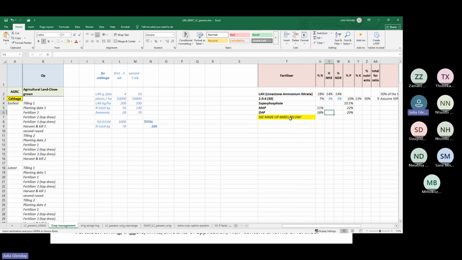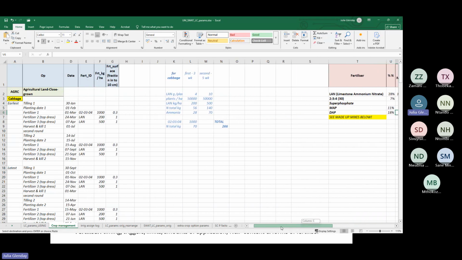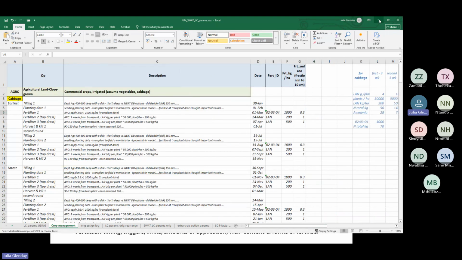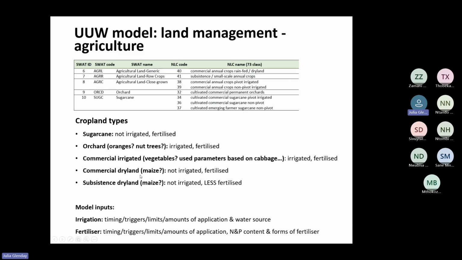So in the model, one would set up a fertilizer type and set up the schedule of application. This is something I will send more details on, because I had this worked out fairly well in the original SWAT, and the new SWAT has a new format for inputting these things called the decision table.